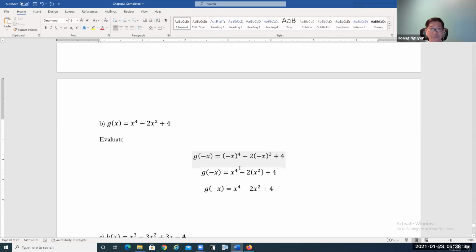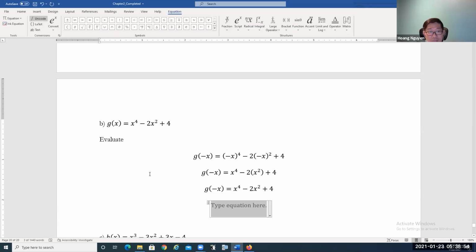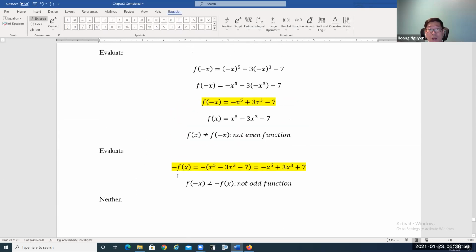Okay. So we just evaluate g of negative x over here. Now we're going to compare g of negative x and g of x. Are they matching? So g of x equal x to the power 4, good. Negative 2, x to the power 2, good, and plus 4. So we can see that g of negative x equal g of x.